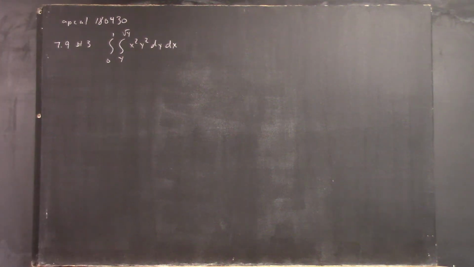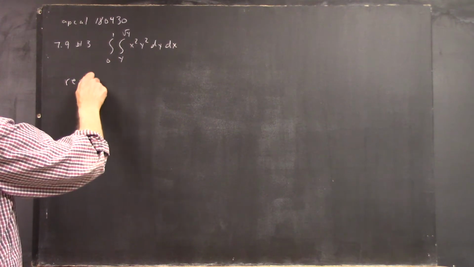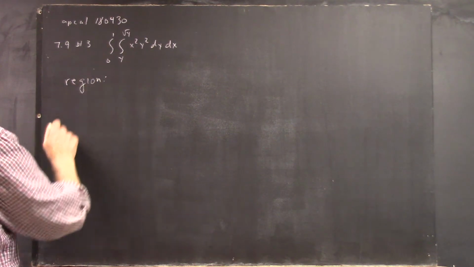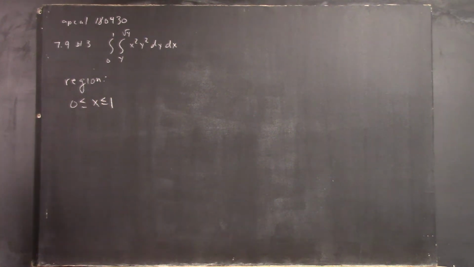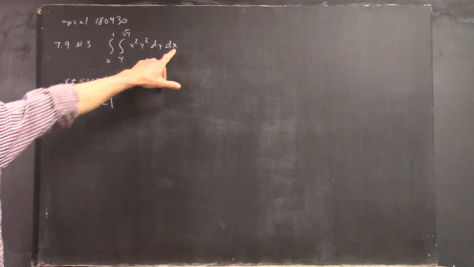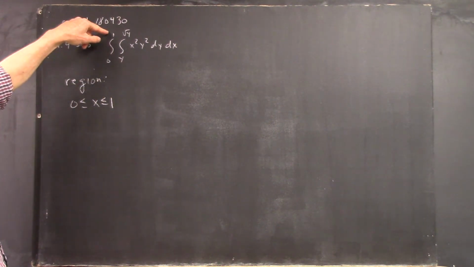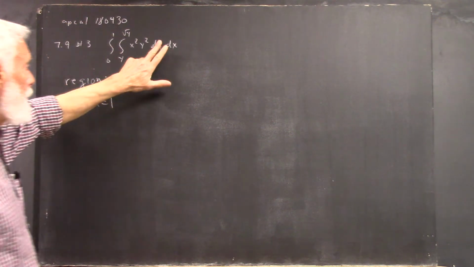Okay, so the region is the interval from x equals 0 to 1 because x is integrated from 0 to 1, right? And I've got these backwards.